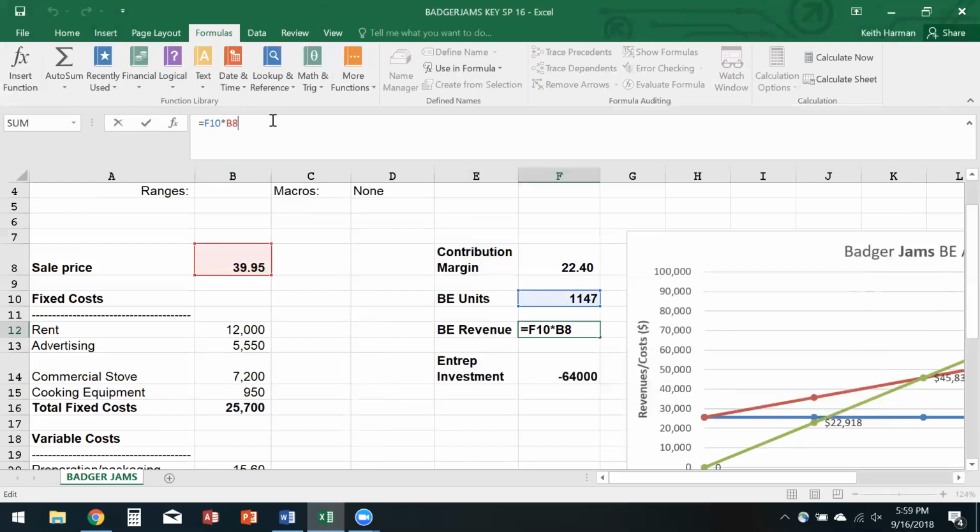And the break-even revenue is going to be the sale price times, pardon me, it's going to be F10, which is your break-even units. My goodness, my brain is dead. F10 is the break-even units, and times B8, which is the sales price.